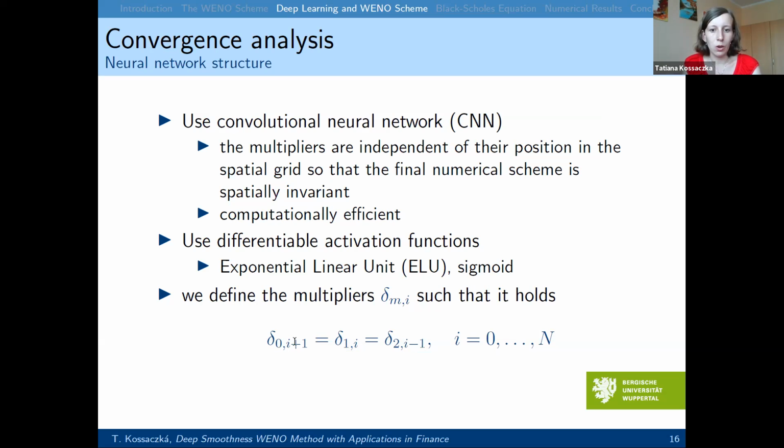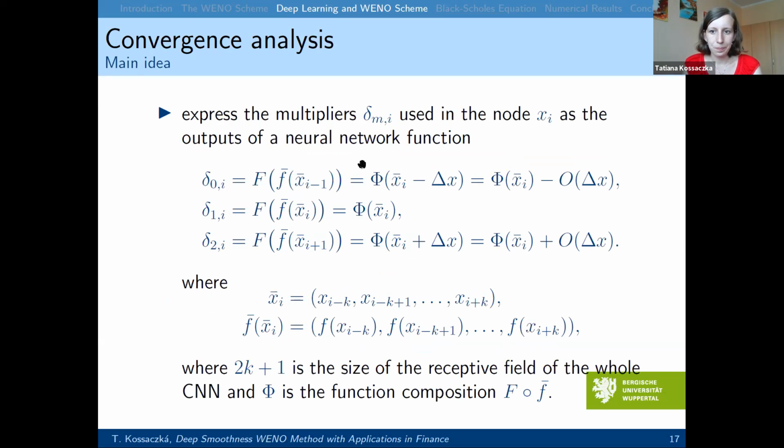So that's why it also holds, as I've written here, that if the neural network function f is differentiable and spatially invariant, we can write it like this.